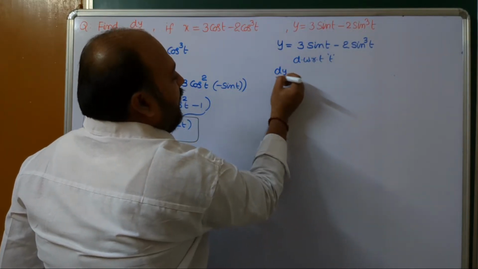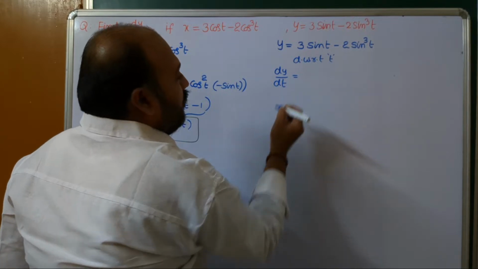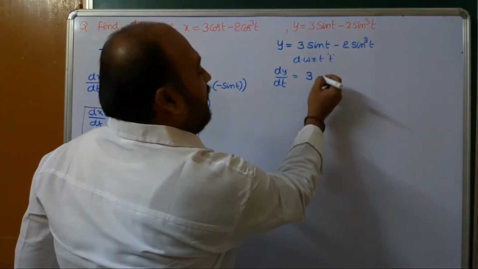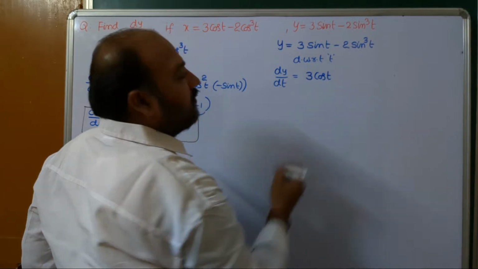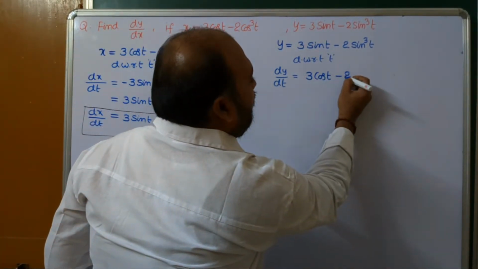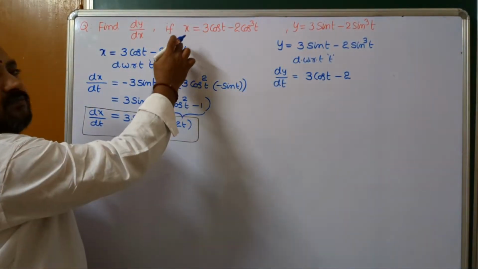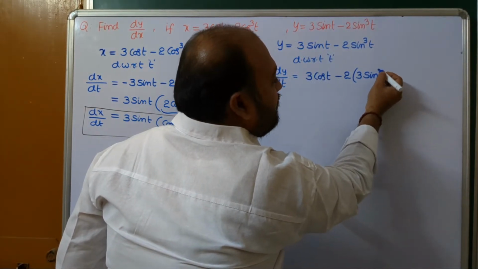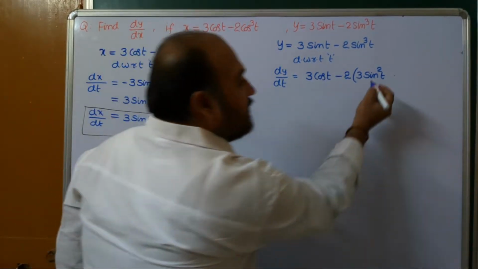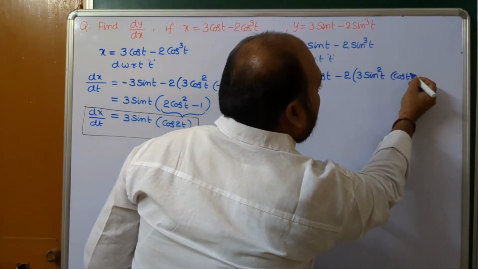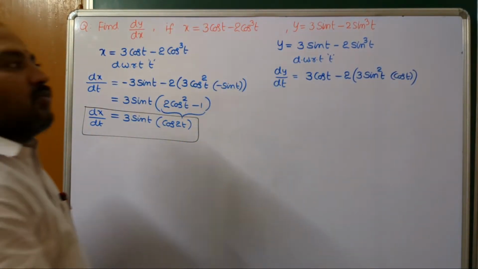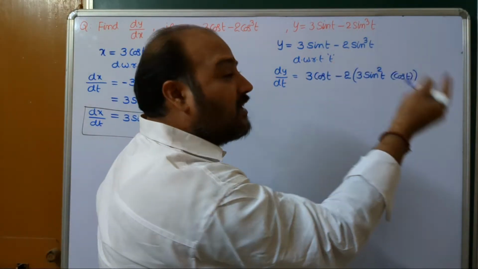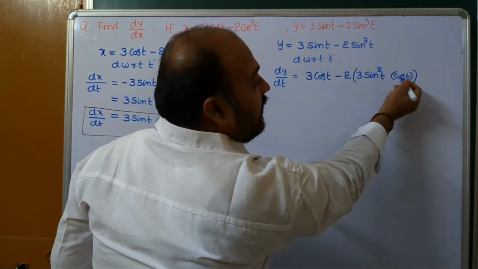So dy by dt is equal to 3 into d by dt of sin t, cos t, minus 2 into sin cube t derivative, f of x whole power n formula, n into, so 3 into sin power 3 minus 1, that is sin square t, again sin t derivative, cos t.